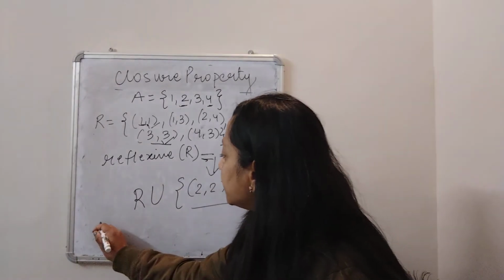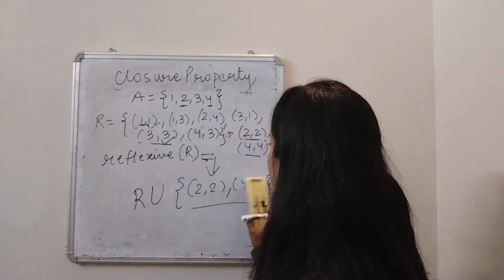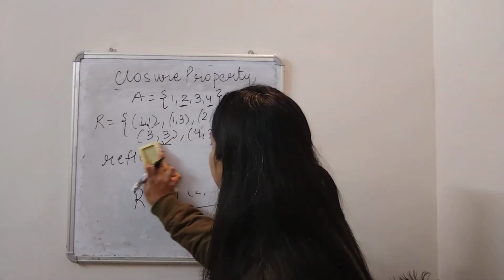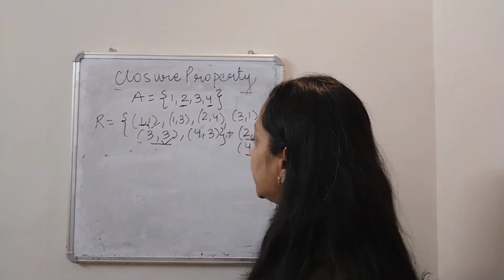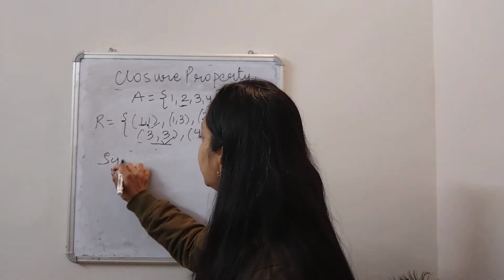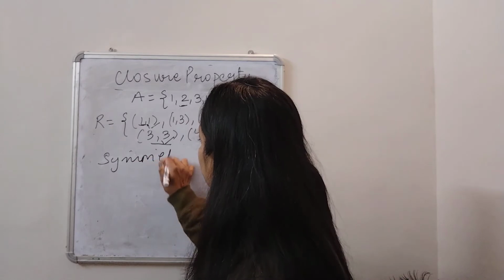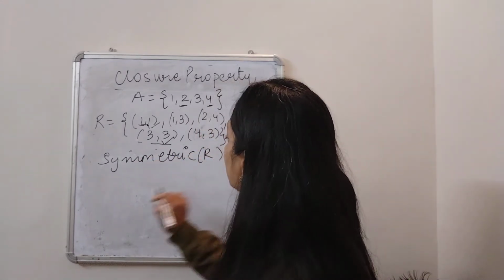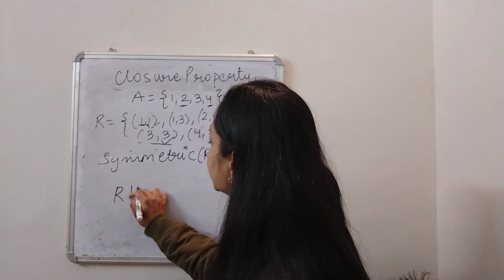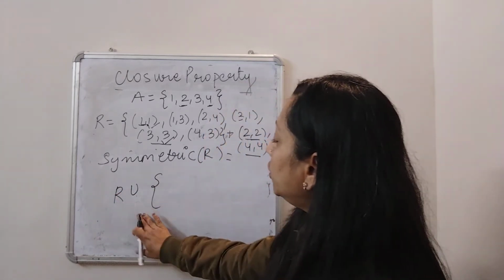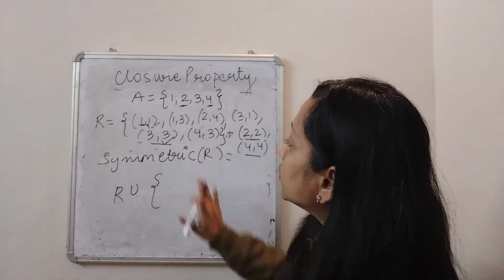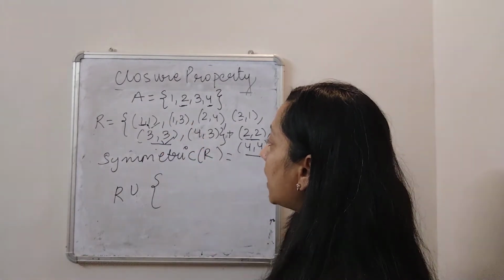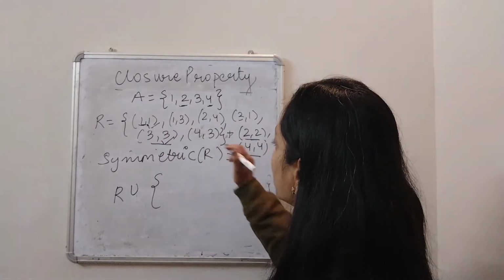Similarly, if I talk of the symmetric closure of this relationship set, how will I achieve the symmetric closure? That is symmetric R. That means to the already existing relationship set, I do the union with, now see, in case of symmetric R, if 1 3 is there, then 3 1 should also be there.